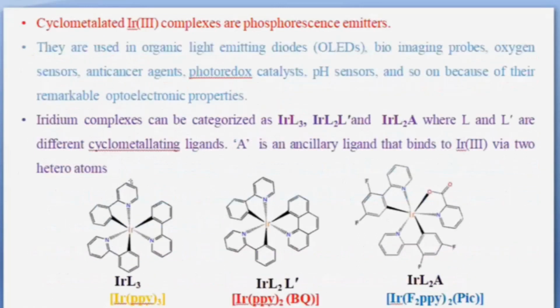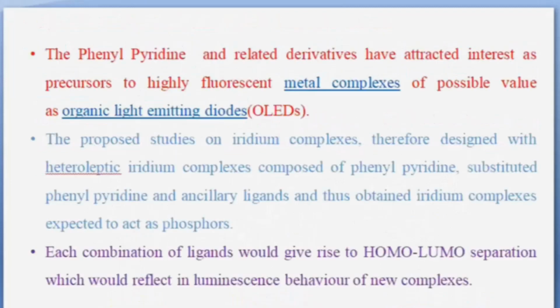If we combine different kinds of ancillary ligands, we can obtain different kinds of metal complexes. If we vary the cyclometalating ligand, that is phenylpyridine, with diphenylpyridine or benzoquinoline, we can produce a variety of iridium complexes. If we vary the ancillary ligand, like picolinic acid, pyridine aldoxime or coumarin amine, we can produce a different series of this kind of complexes.